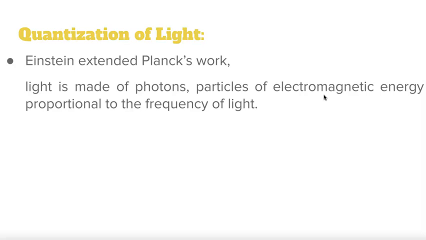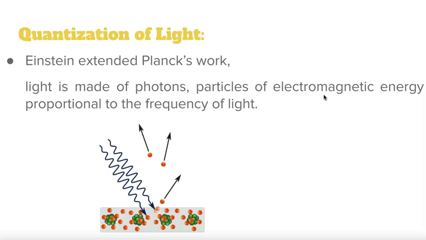He proposed that light is made of photons, with energy proportional to the frequency of light, because in the photoelectric effect he noticed that certain pieces of metal only emitted electrons when absorbing certain frequencies of light. So he simplified Planck's equation, where the amount of energy is just equal to h times v.